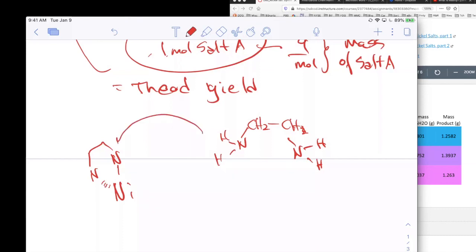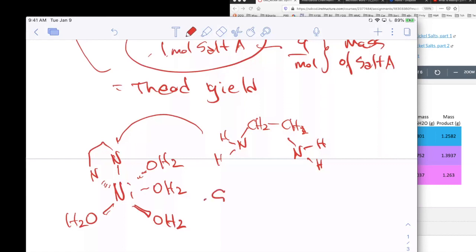So in one case, you're going to have two of the water being substituted for that ethylene diamine.